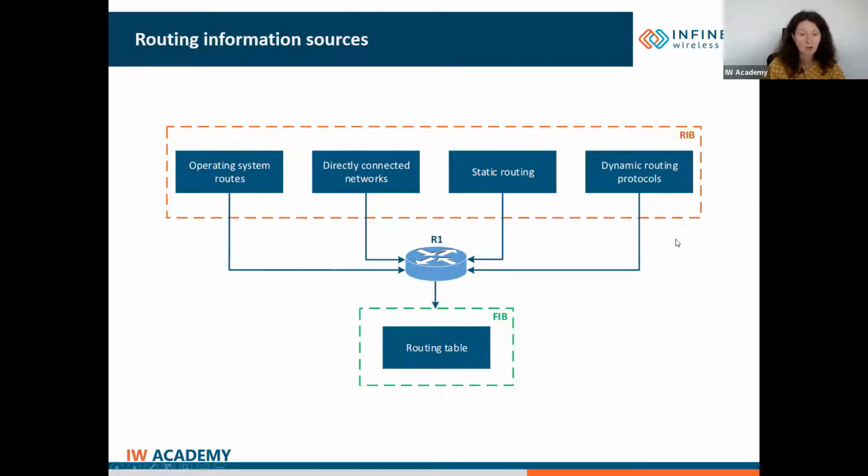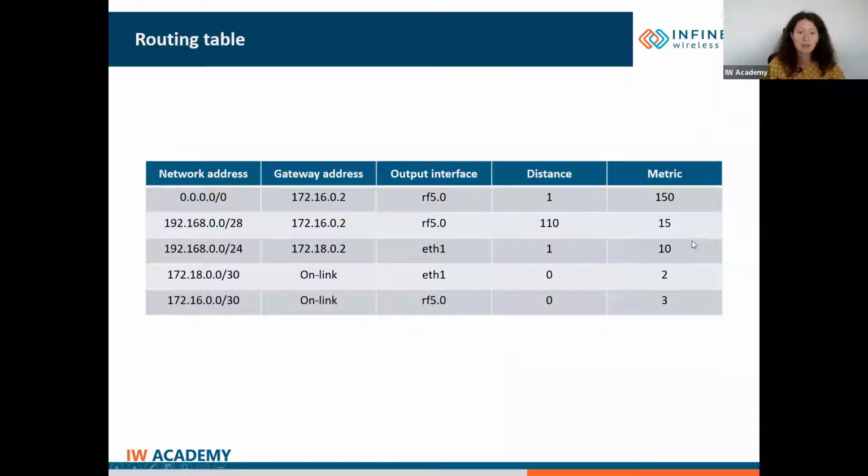The routing table stores the information about each known network using the following format. Network address, which is the destination IP network address with its corresponding network mask. The gateway address, representing the IP address of the remote directly connected device to which the processed packet will be transmitted.